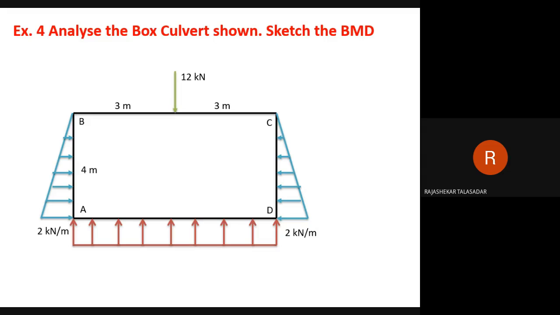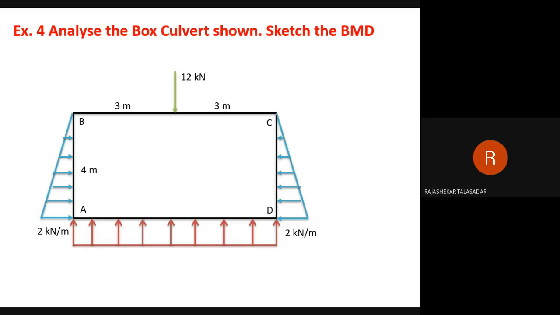Instead of pipe, where there is a bigger stream, they will put RCC boxes. It is a common structure. You have to observe the structures in and around you whenever you are traveling, then you will understand. Instead of pipe, it is a box of RCC. You assume this much. Through this box, there is a cross section.